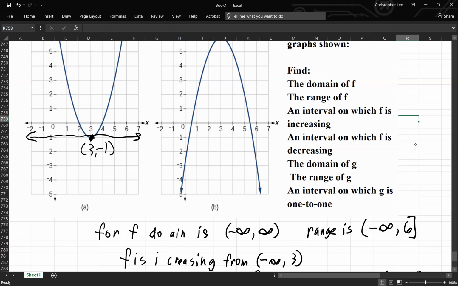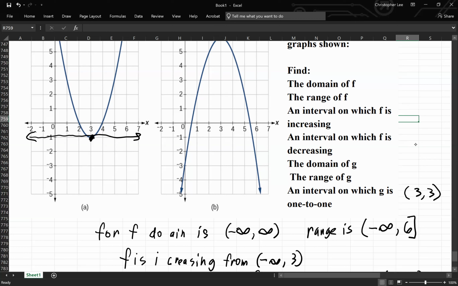right? So if they're asking for an interval, I would say none, or you could say, technically speaking, from 3 to 3, right? Like we would in the homework, right? So an interval on which G is increasing, you could say open parentheses, 3 to 3.